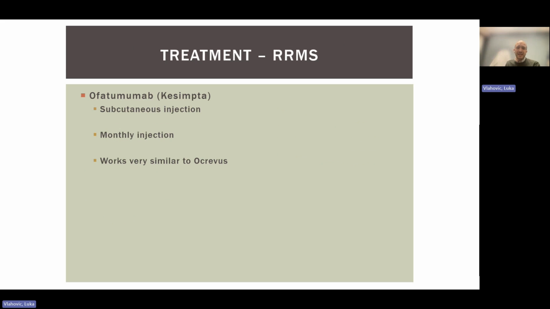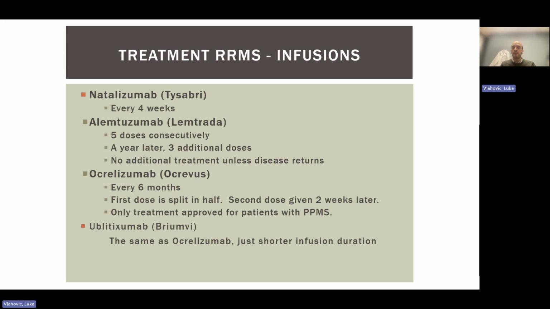Then moving to Kesimpta. This is one of the more efficacious treatments approved in the last few years. That is an injection, and most of the others will be infusions, as you will see on the next slide. This is a monthly injection, and works very similarly to these two medications, ocrelizumab and Briumvi.